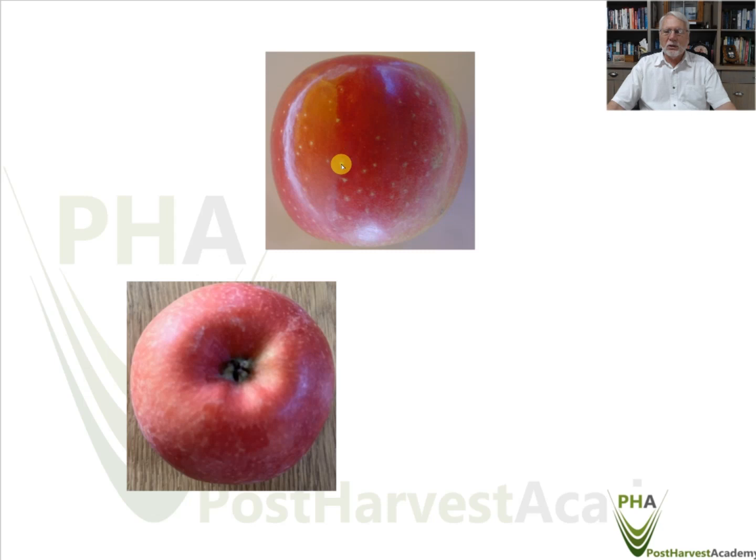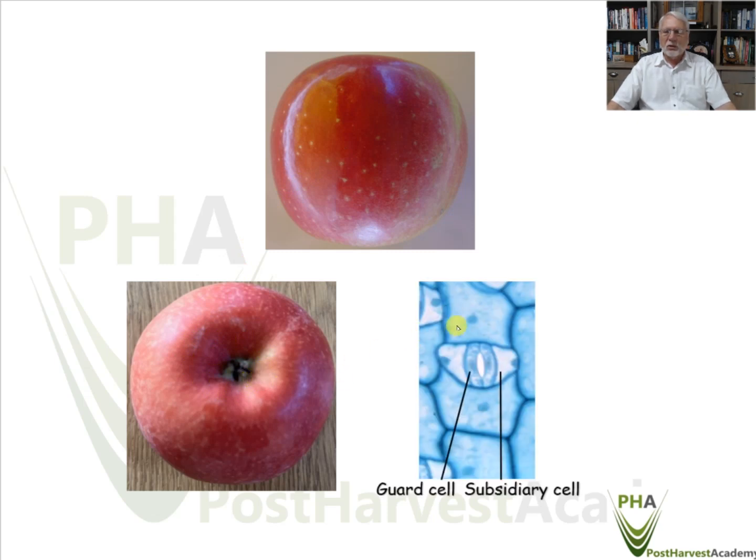They can also diffuse by mass flow through cavities at the calyx end, such as here in apple, and the stem ends of fruit. Gases can also diffuse through stomata on the epidermis. However, at the onset of fruit ripening, the stomata usually become non-functional.